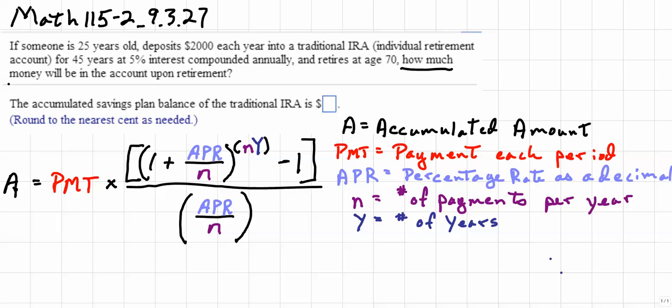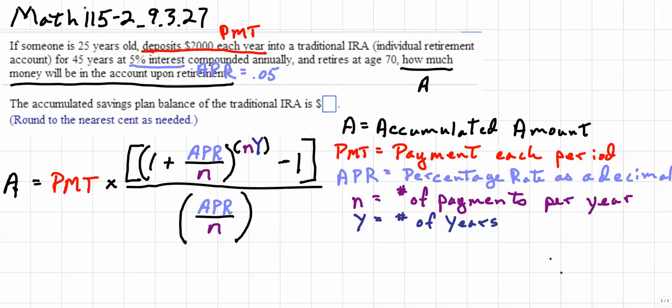How much money will be in the account upon retirement? This is my A. Now we're going to look for the PMT. Well, this right here, we're going to deposit $2,000 each year. That is the PMT. The APR, the annualized percentage rate, is this right here. Now remember, APR needs to be written as a decimal, so it's going to be 0.05.